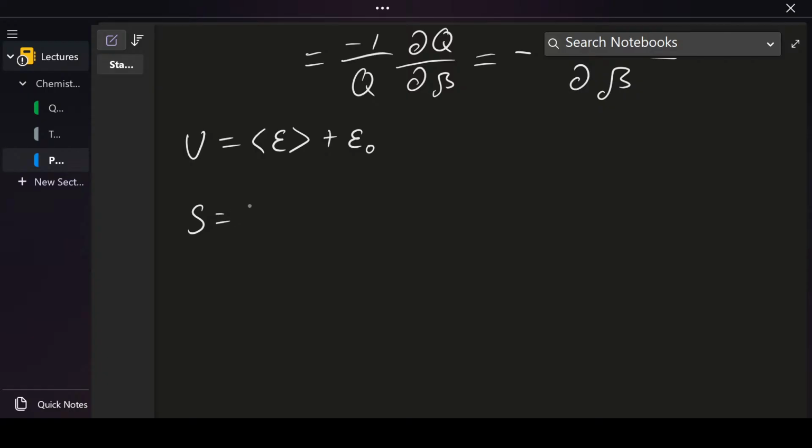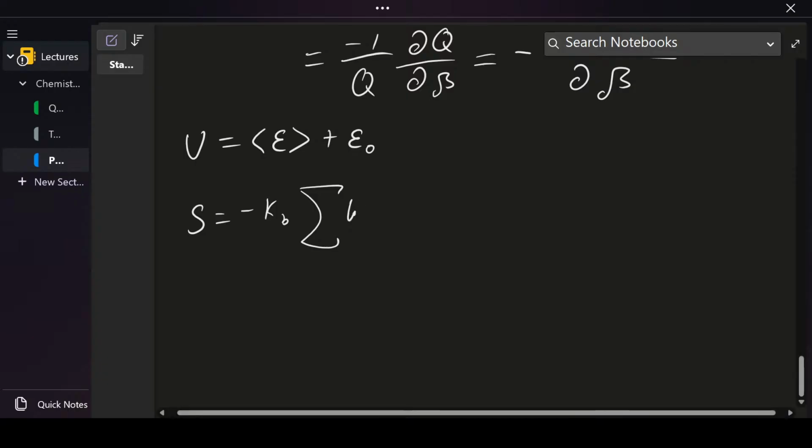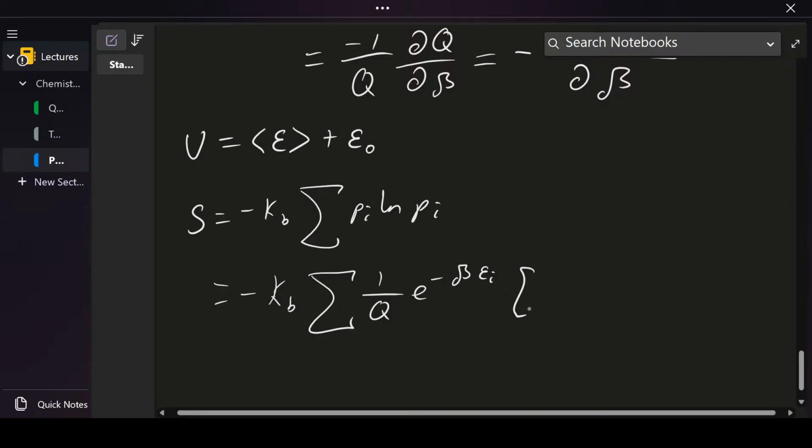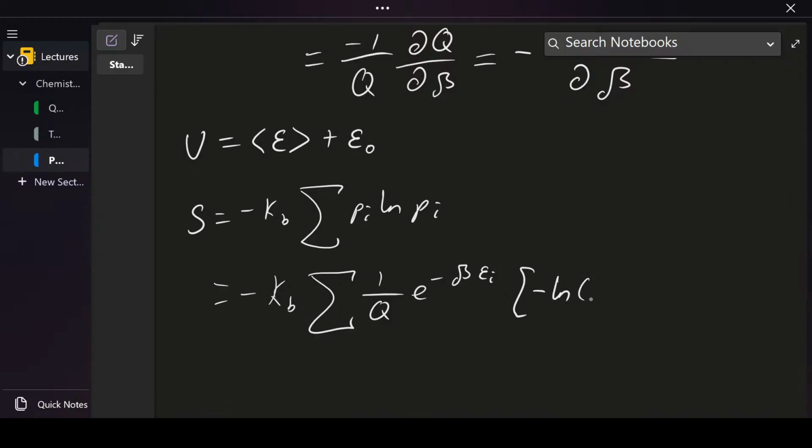Similarly, the entropy, well, that's defined for a probability distribution, and if we plug in the Boltzmann distribution, then we're going to get, again, this is negative k_B times the sum of p_i ln p_i. So if we plug in the Boltzmann distribution probabilities, p_i is equal to 1 over Q, e to the negative beta epsilon_i, and then the logarithm of this is going to give negative ln Q subtract beta epsilon_i.